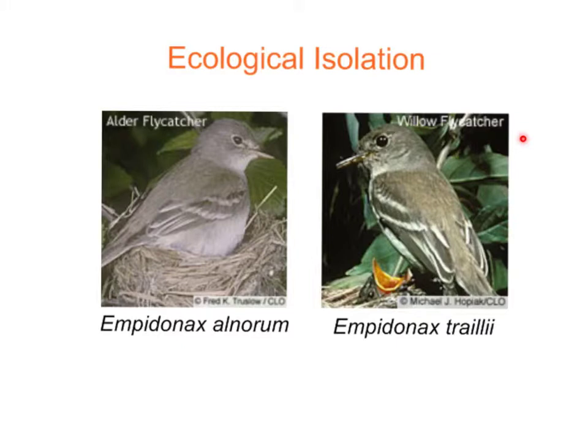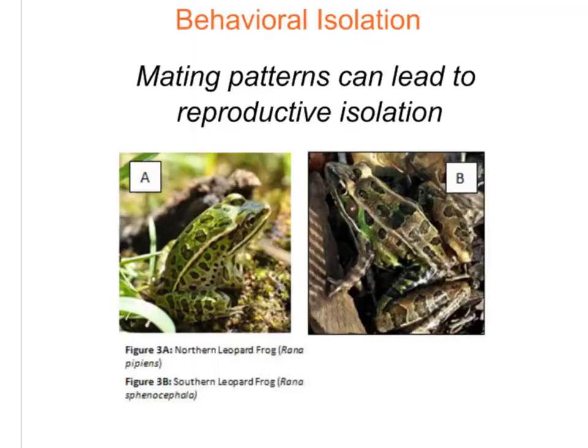The habitats of the two species are different. No crossbreeding takes place between them, and while the willow flycatcher lives on brushy slopes, the alder flycatcher here lives in alder swamps. So that's an example of ecological isolation leading to speciation.